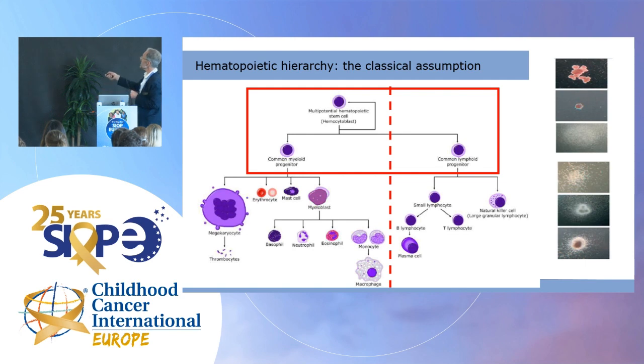The classical assumption, which is actually not true anymore, was that there is an early separation into myeloid progenitors and lymphoid progenitors. Forget that, please. That's not true.